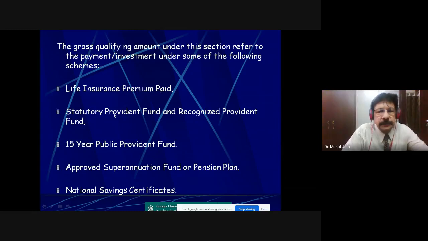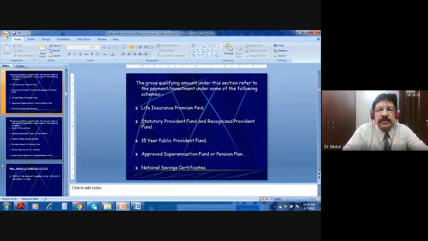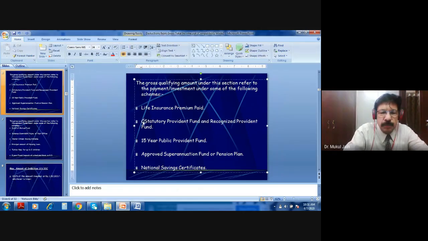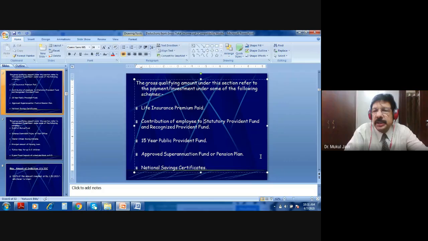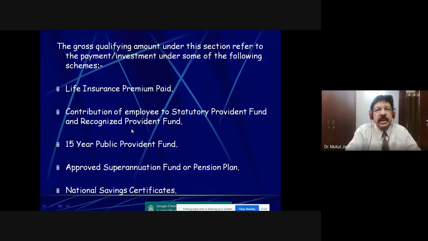Second is statutory provident fund and recognized provident fund. So I would say contribution of employee to statutory provident fund and recognized provident fund.